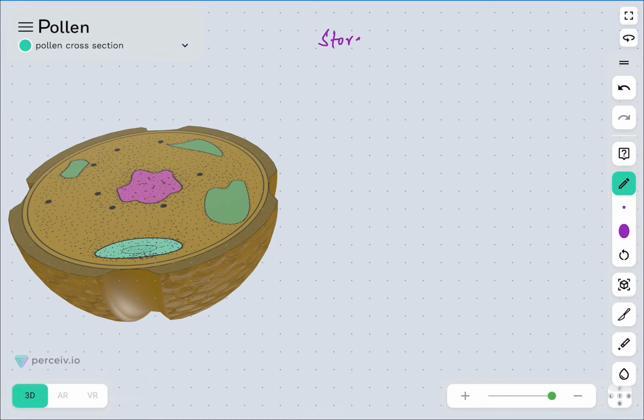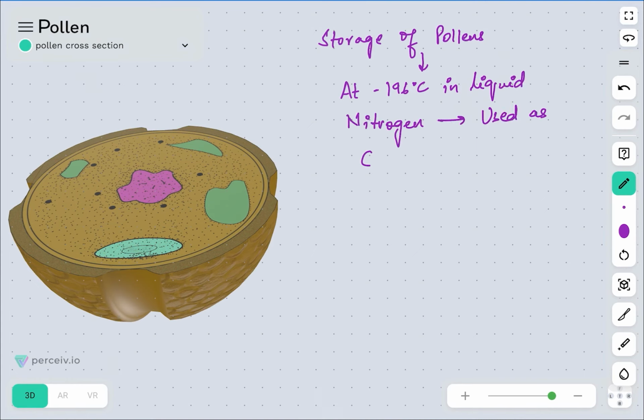So storage of pollen grains is at minus 196 degrees Celsius in liquid nitrogen, specifically for crop breeding programs.